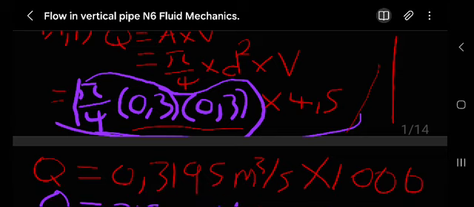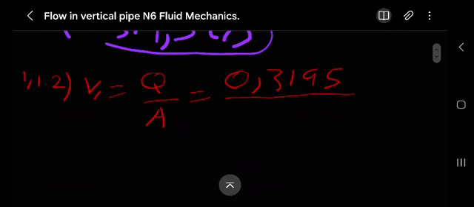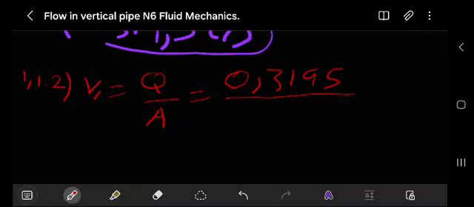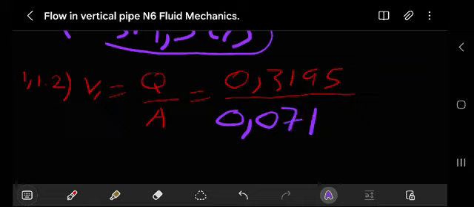When you've punched that, the area will be 0.071. This is the area, right? So since you found the area, punch this on your calculator so that we get V1.